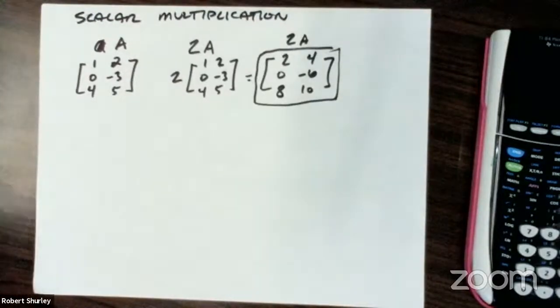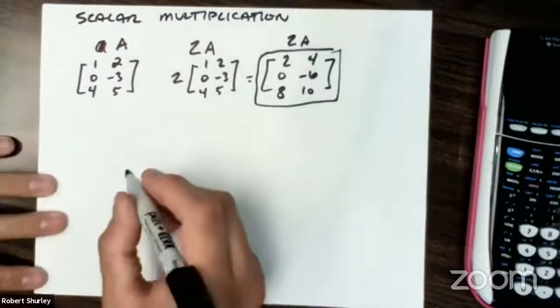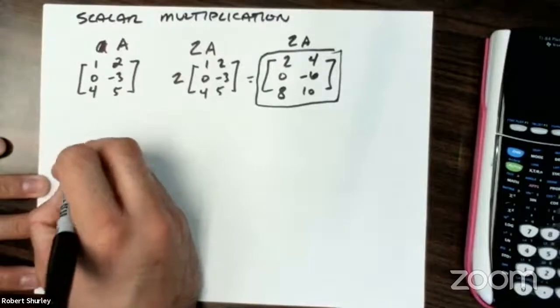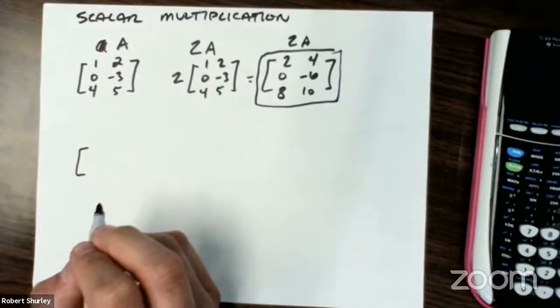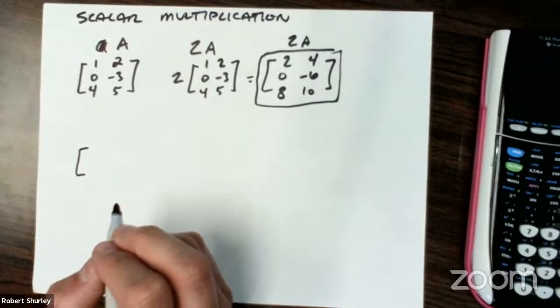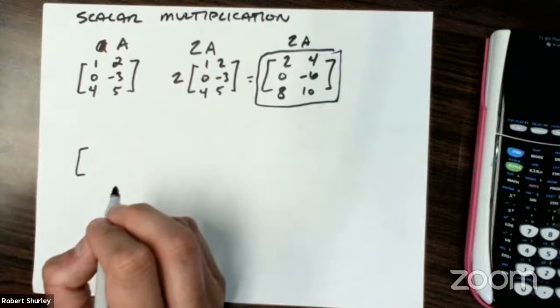Matrix multiplication takes a little more time, and I'll give you my goofy way of doing this. So let's look at matrix multiplication. Let's say we had two matrices with second order, or they're both 2 by 2, I should say. I'm going to steal one from the book.